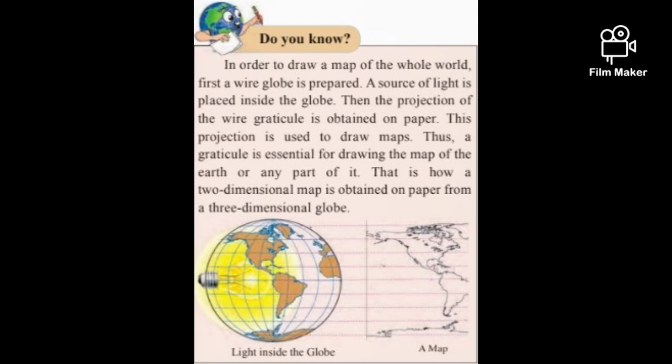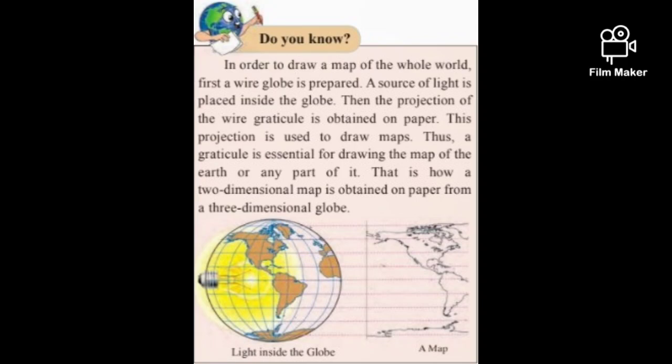Then on the right hand side, the projection of the wire reticule is obtained on paper. Latitude and longitude together make the reticule, I told you. This is projected on the paper, and this projection is used to draw maps.